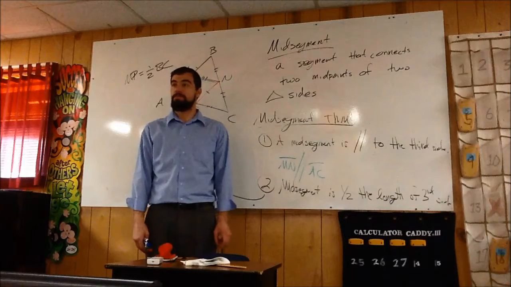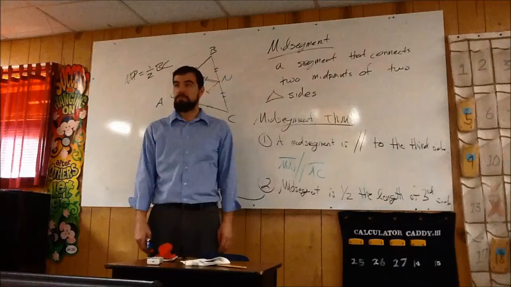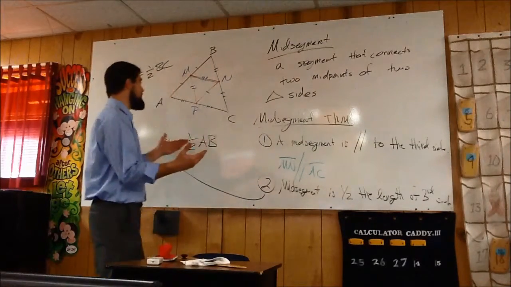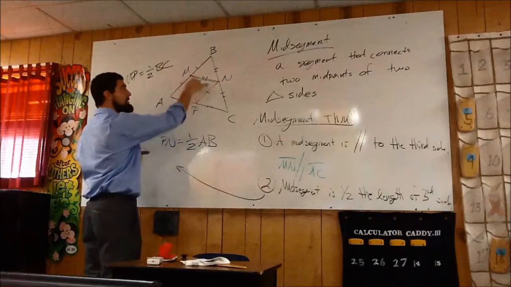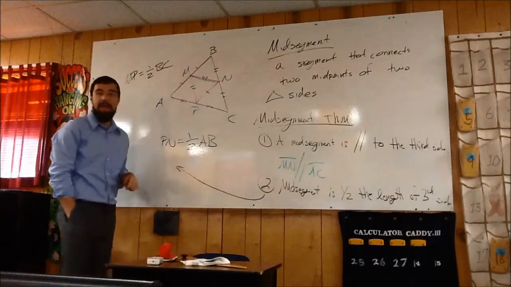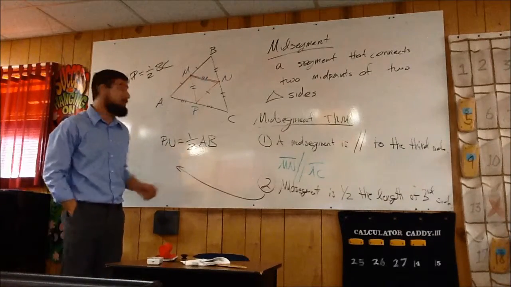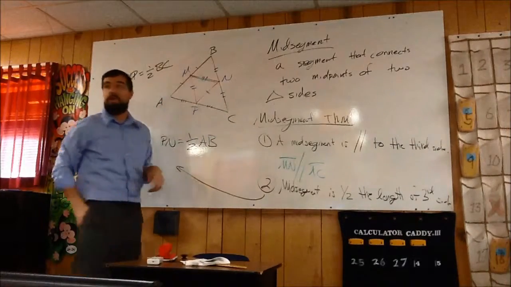The third side's length is twice as large as the midsegment. Perfect. Another way of looking at this is saying the length of segment AC is twice the length of segment MN. So if you don't like fractions, maybe you want to write that the third side is going to be twice the length of your midsegment.